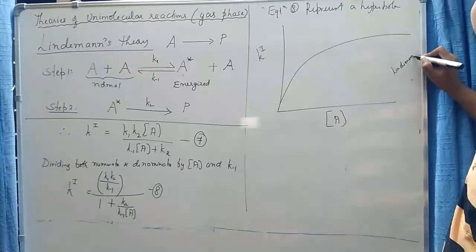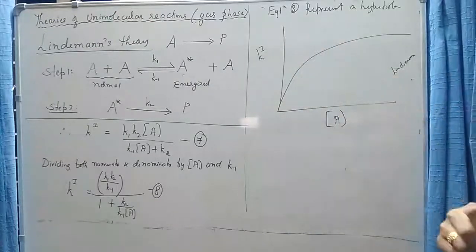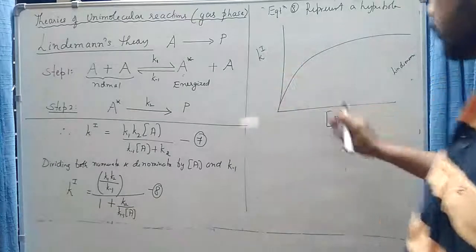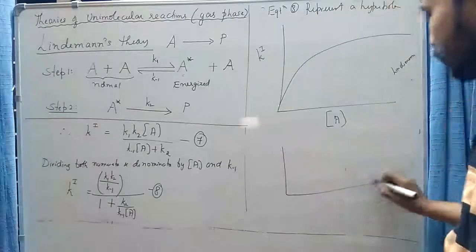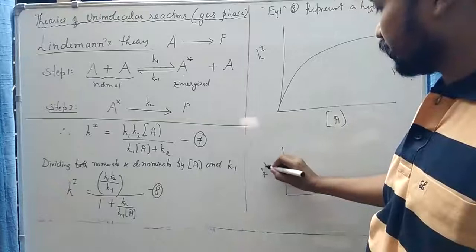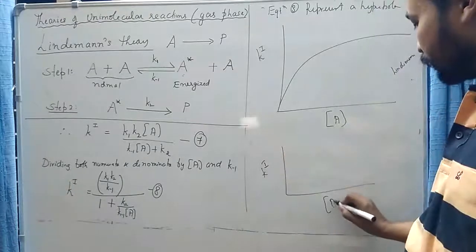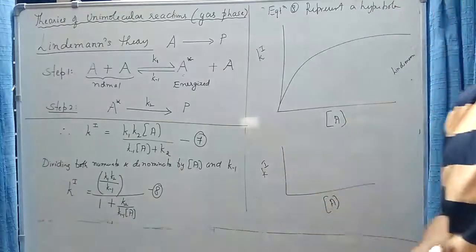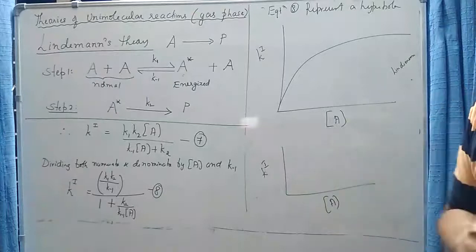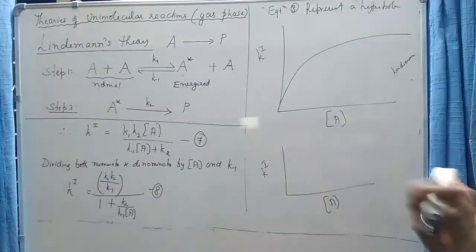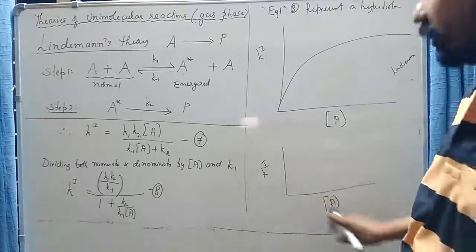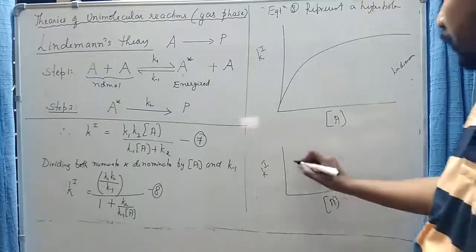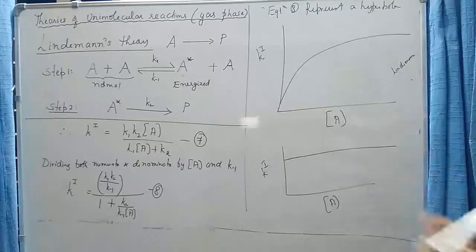One should expect such type of behavior if you are plotting a graph of K1 versus A. What is the prediction by Perrin? According to Perrin, this K1 represents the first order rate constant. It means it should not vary with the concentration. So in such a case, the graph should be a horizontal line.